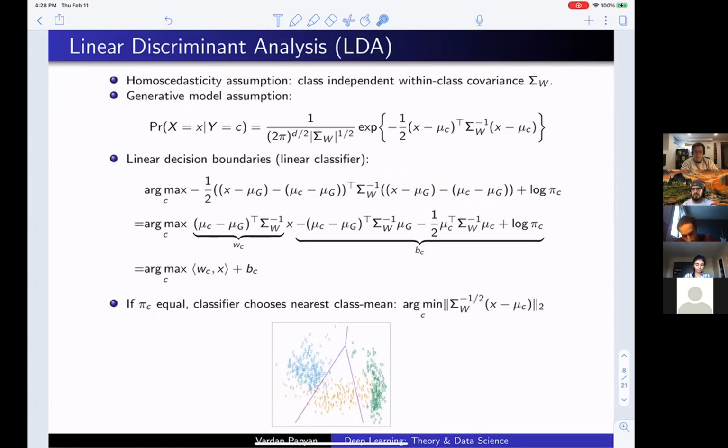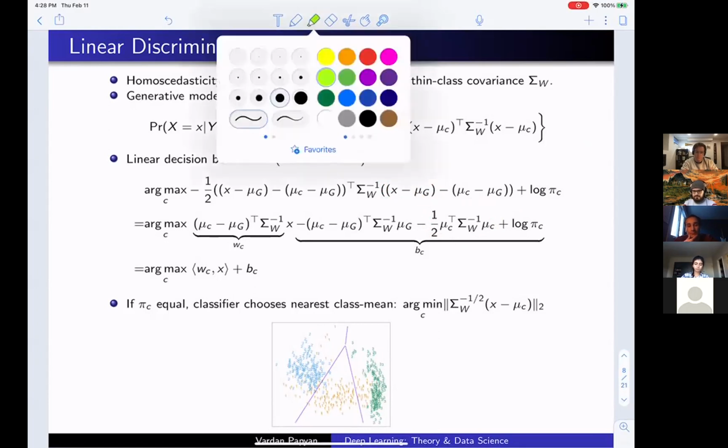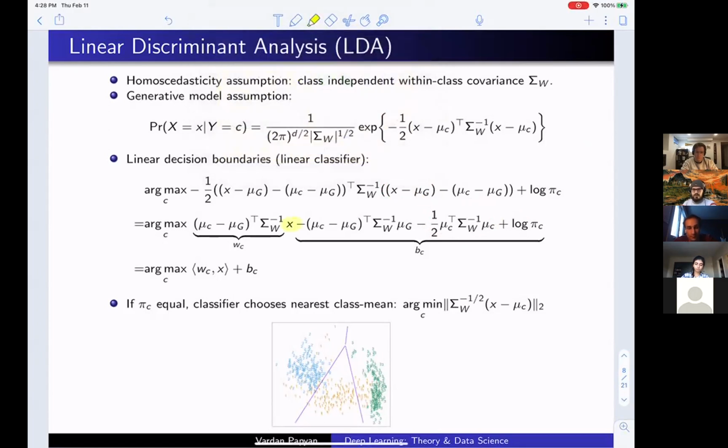So if you work it out, you can see that these are equivalent. But what's important to notice here is that if you massage this expression, you end up getting X, which is your input, signal, image, data point, multiplied by a certain vector, which is your classifier. And you also have an intercept or a bias, which is shifting your prediction.